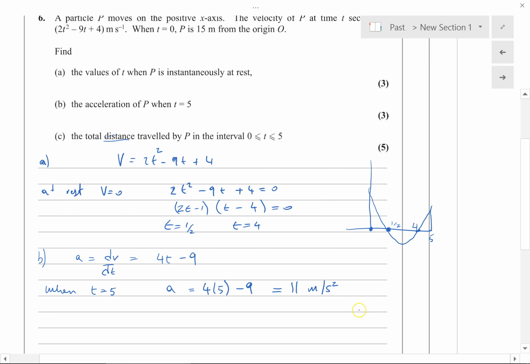The particle is first of all going in one direction, it comes to instantaneous rest after a half, and then it starts coming backwards again. Here it comes to instantaneous rest again, and then it goes off again. If we put 5 in, we will get just the distance from the origin to where it is after 5 seconds. So we need to consider all of those.